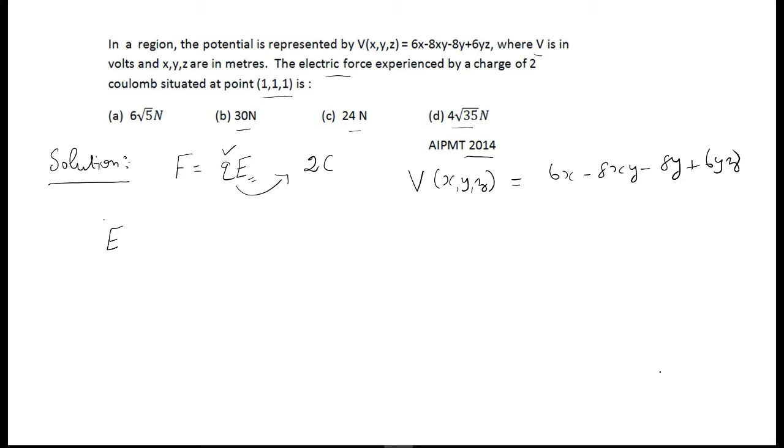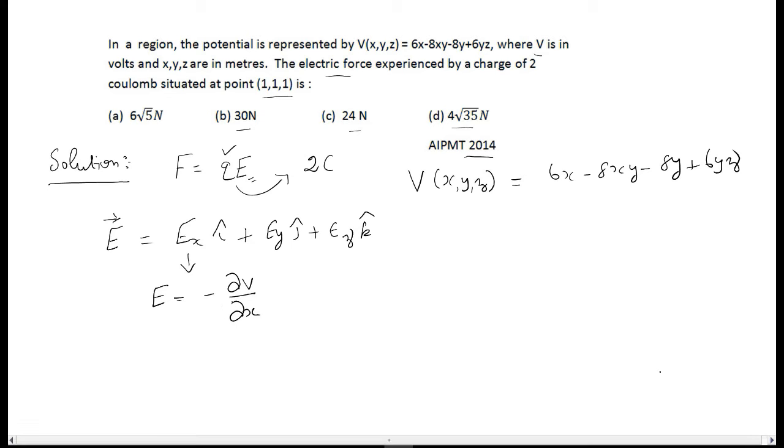The electric field at a point you can resolve into three components: Ex i cap, Ey j cap, Ez k cap. Ex is given by the formula Ex = -∂V/∂x.